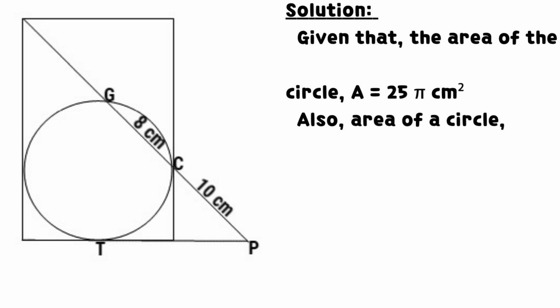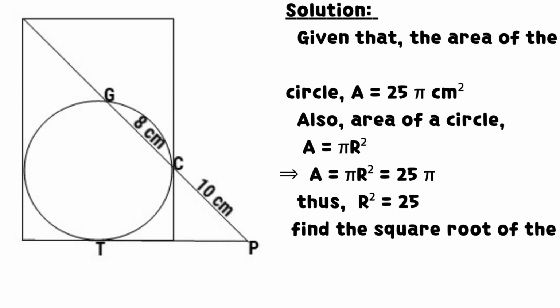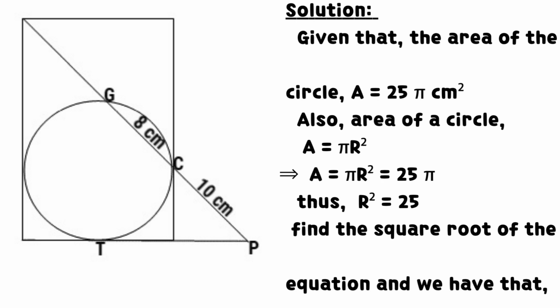Given that the area of the circle, A, equals 25π cm². Also, the area of a circle equals πr². Equate the areas and solve for r², so that r² equals 25.